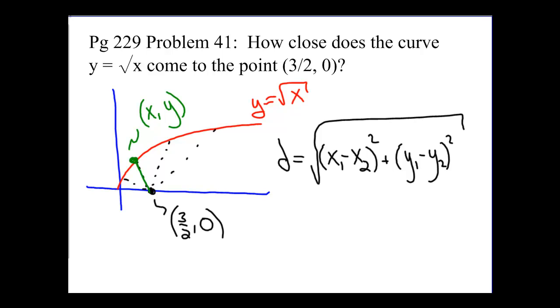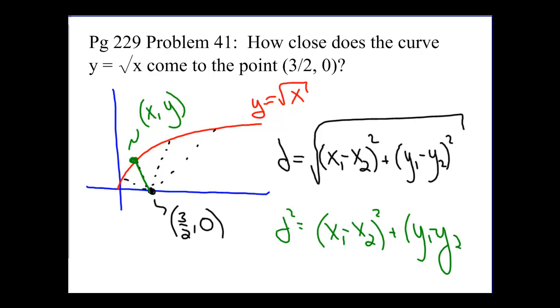So rather than do this problem with the distance formula as written, I'm going to look at the square of the distance, which will be a much easier problem to look at. So we have x1 minus x2 squared plus y1 minus y2 squared. Now if I minimize the square distance, that's also going to solve this same problem, because if the distance is the smallest, then the square of the distance will be smallest also.